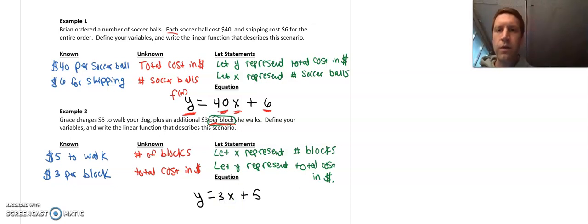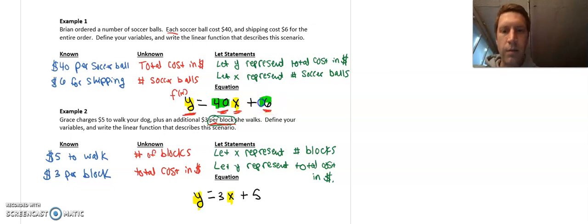Okay, so the other thing I want to point out is that you're always going to have y and x remain as your unknowns, because those can change, right? Those are your variables. The other two you should be able to figure out. The slope or the rate of change, this m value, should be within the context of the problem.